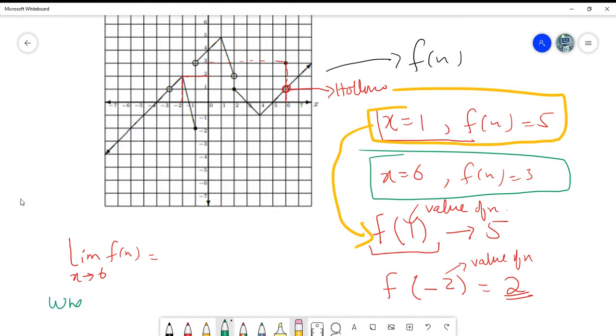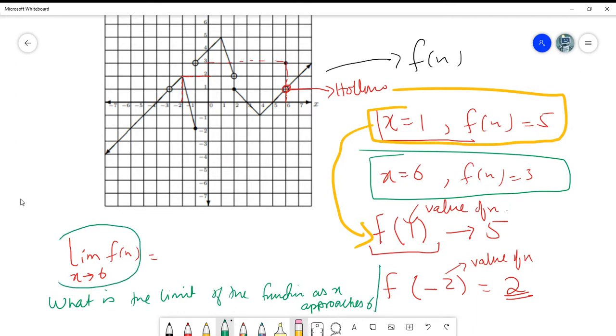So this is read as, what is the limit of the function as x approaches 6? This is how we read this particular part.